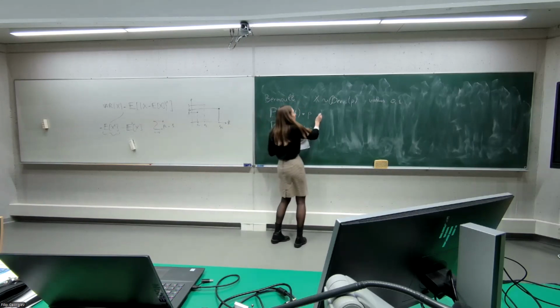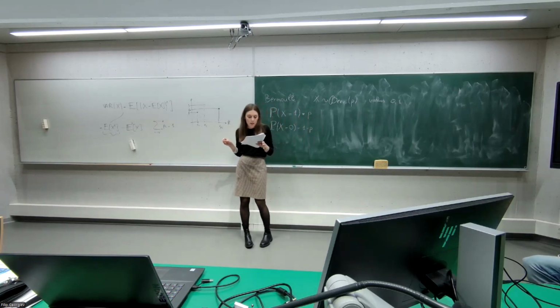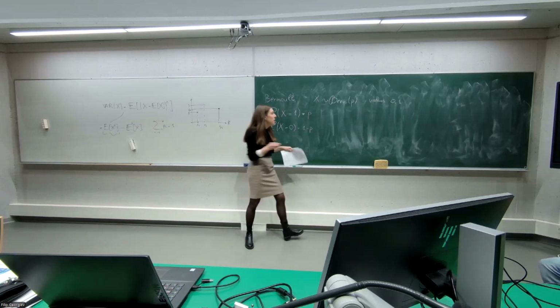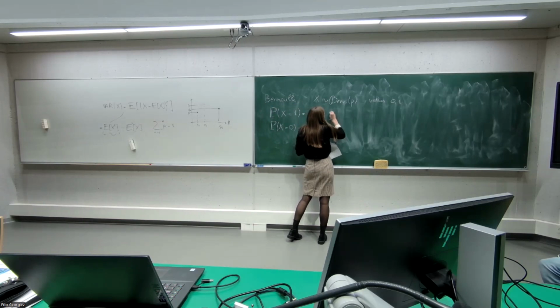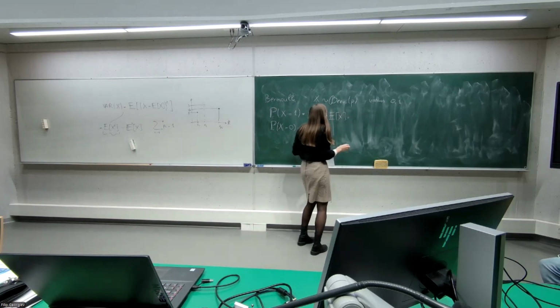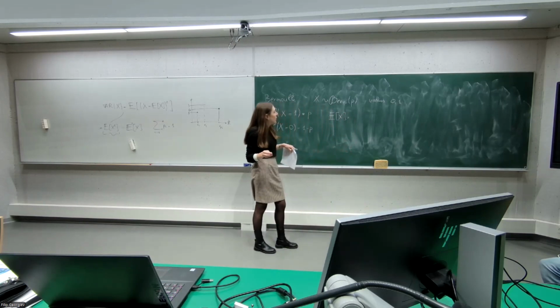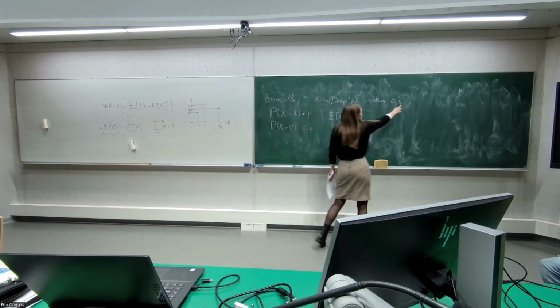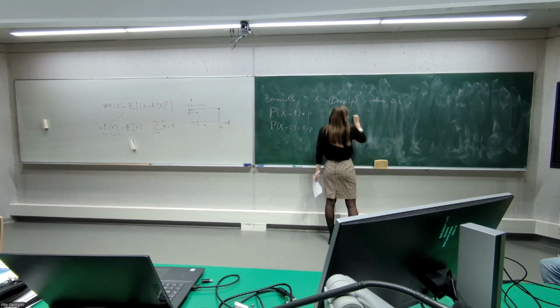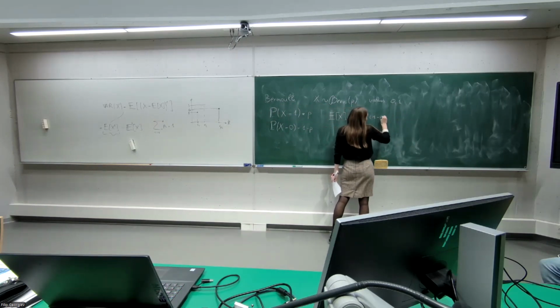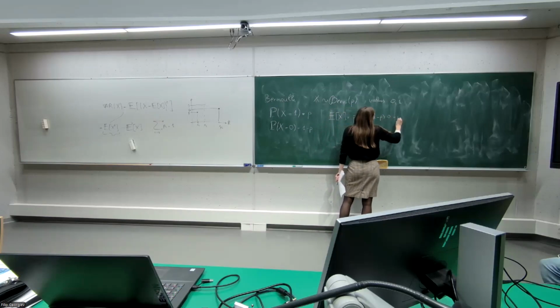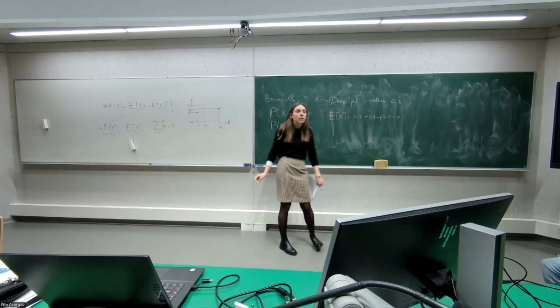This is like p1 and p2. Okay? So you can calculate the average, and the average is p. Why? Because I have to do x times p, so those are the x's, x1, x2. I have to do p times 1 plus 1 minus p times 0. So it is equal to p.